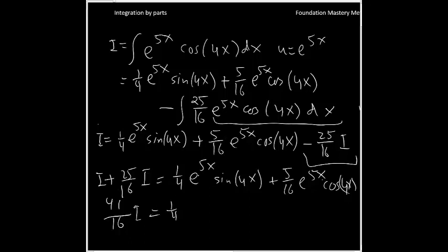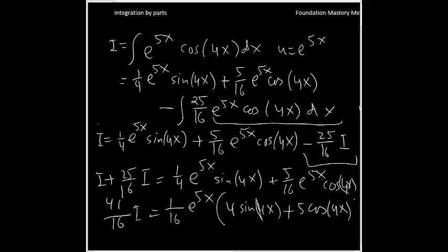I can just factor out, or other way you can say 1/16. If you say 1/16 factor out e to the 5x, then you end up here with 4 sine 4x plus 5 cosine 4x, just writing a nice answer, but if you don't factor out 1/16 it is still okay, plus a constant.